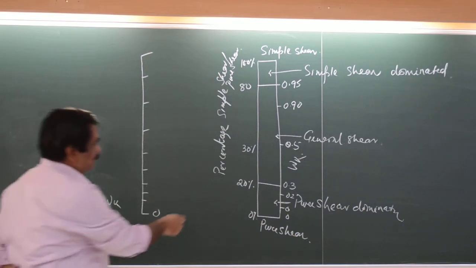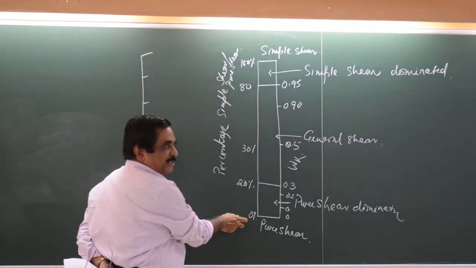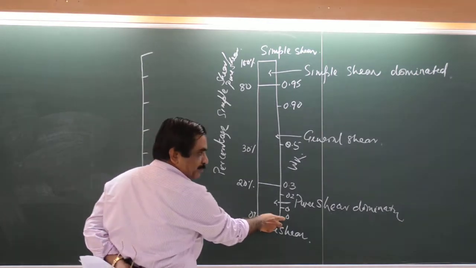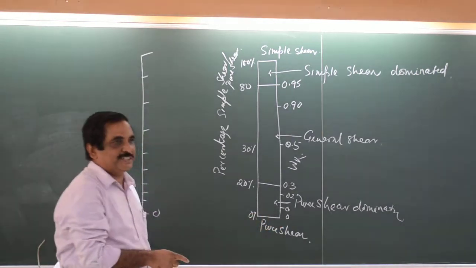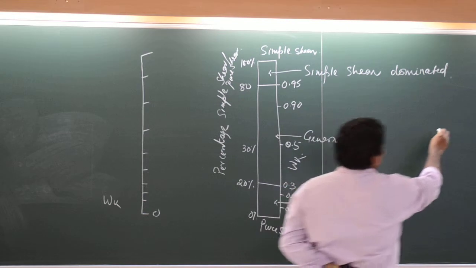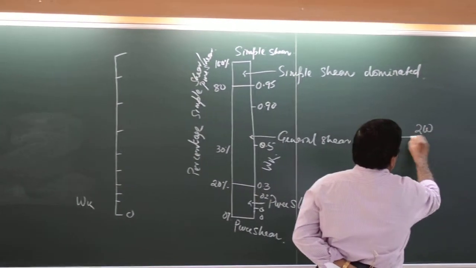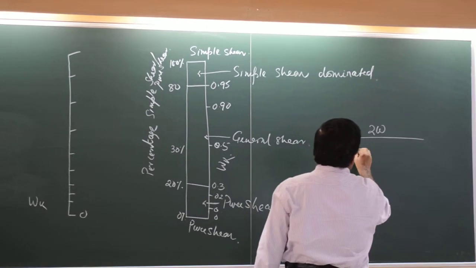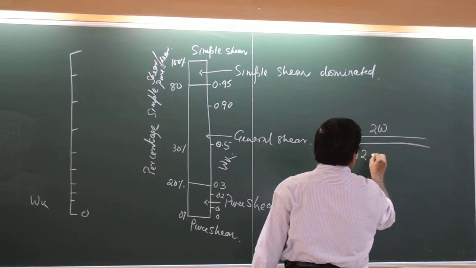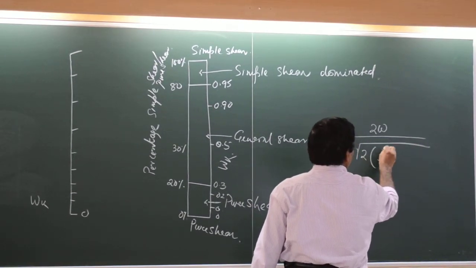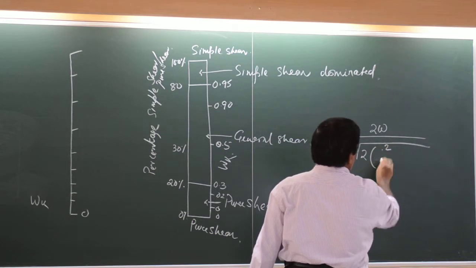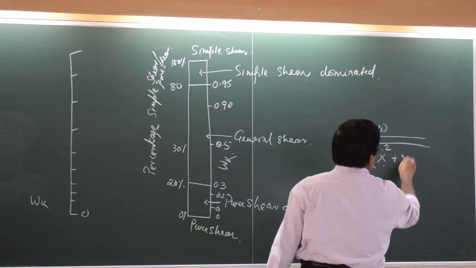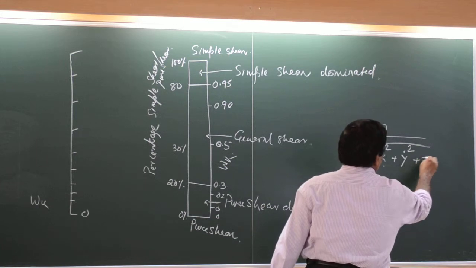If it is fully pure shear, the vorticity number will be 0. That is what we saw yesterday. The formula you always remember: Wk = 2W divided by the square root of 2 times (x dot squared plus y dot squared plus z dot squared).